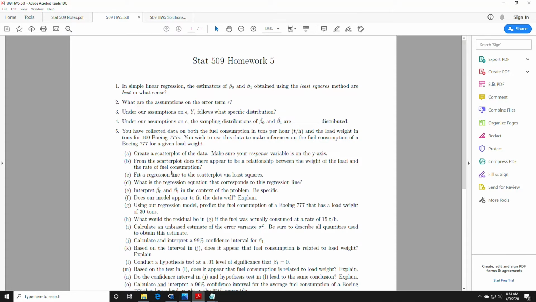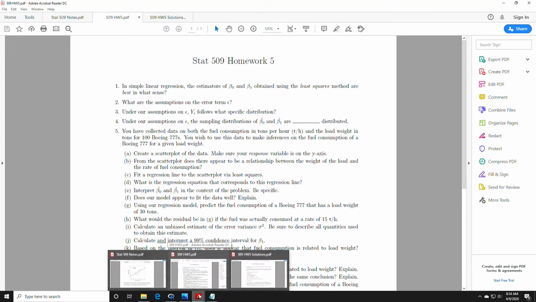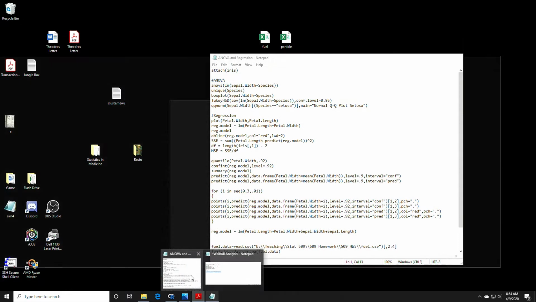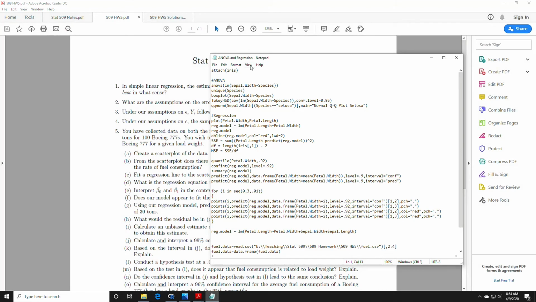And so, fit a regression line to the scatter plot. Okay, so if we go to our ANOVA regression code, go down here to regression, makes it a little easier. So I'll call it reg.model again. And so this is my y variable. You put your y variable here, which is fuel, and then past the tilde, you put your x variable, your predictor variable, which is load weight.